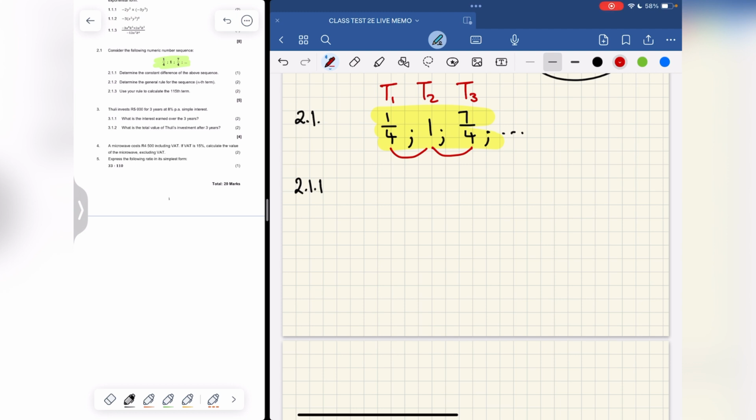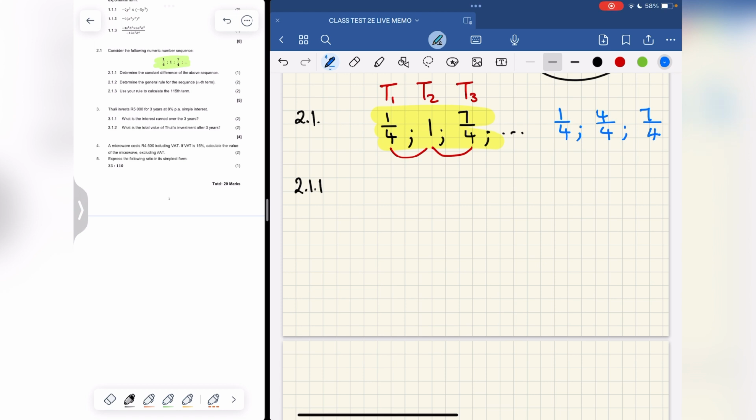or subtracted? Now, the reason why this might be a bit challenging or throw you off a bit is because of that 1 in between the quarter and the 7 quarters, or 7/4. Remember that 1 is 4/4. So if I had to rewrite this pattern, it would look like this. It would be 1/4, and that would be 4/4, and 7/4.